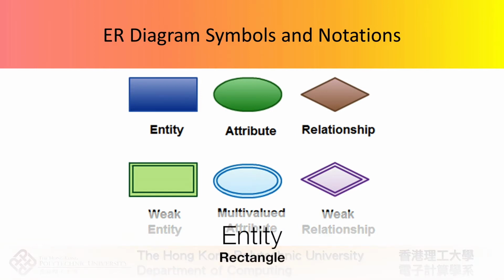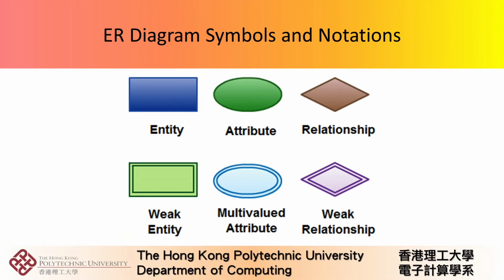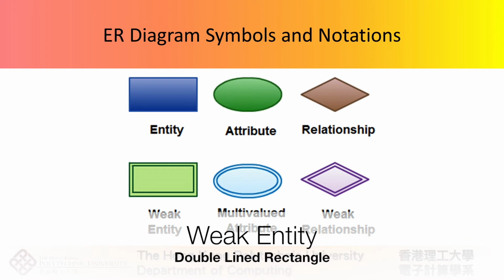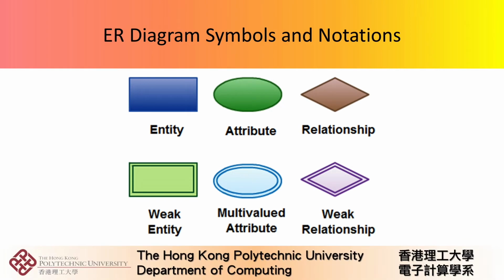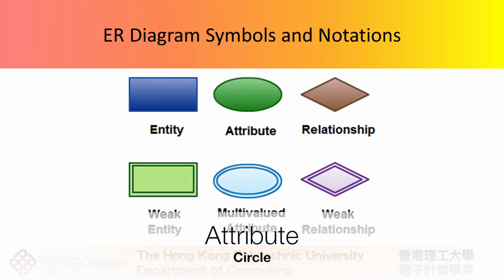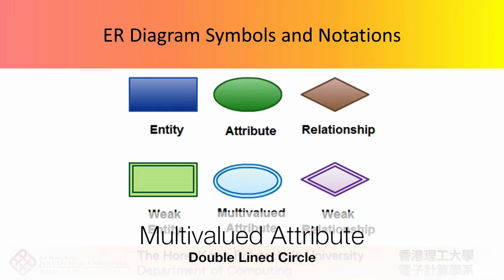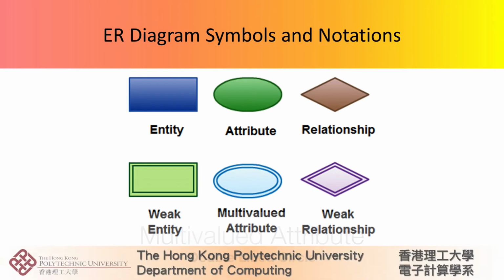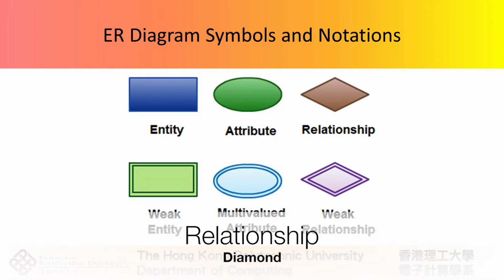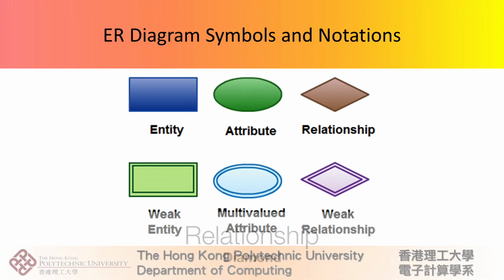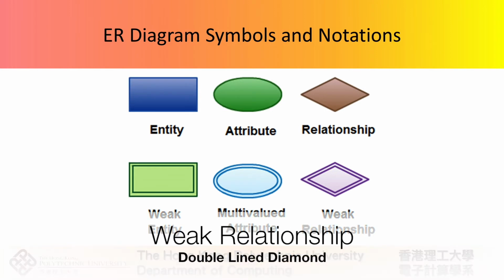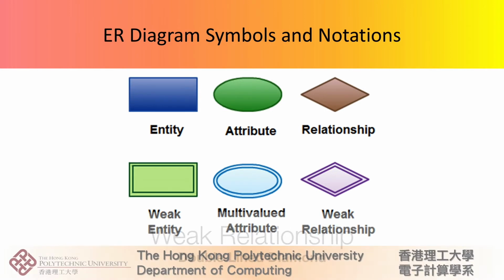Entity is represented by a rectangle, and weak entity is represented by a double-sided rectangle. Attribute is represented by a circle, while multi-valued attribute is represented by a double-sided circle. Relationship is indicated by a diamond, while weak relationship is indicated by a double-sided diamond.